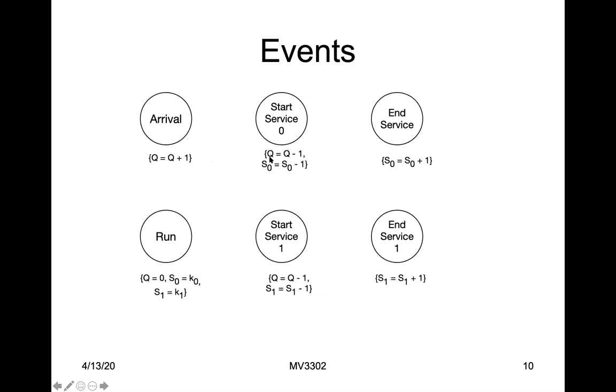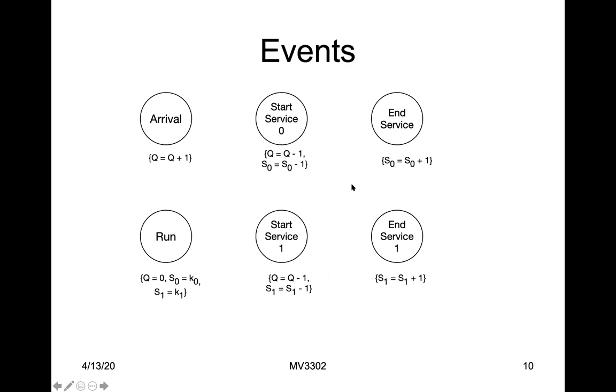Well, one would be to start service on a type 0 server, and the other would be to start service on a type 1 server. If we start service on a type 0 server, we have one less type 0 server available. And if we start service on a type 1 server, we have one fewer type 1 servers available. And so now those are how S0 and S1 could possibly change.